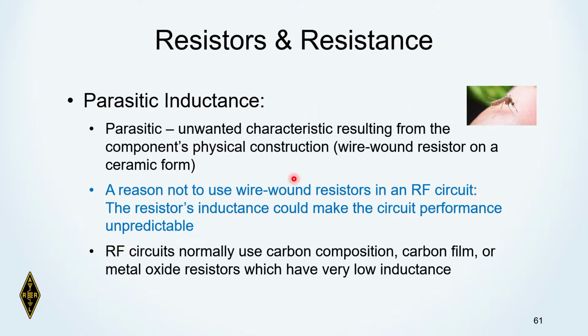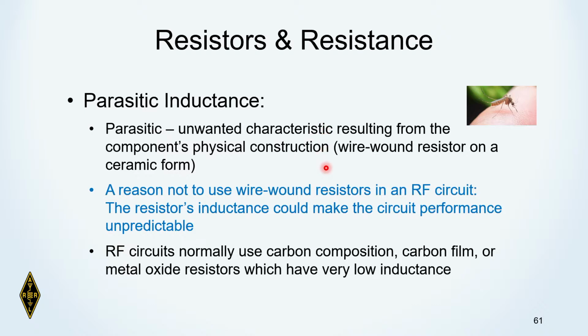So parasitic value is an unwanted characteristic resulting from the component's physical construction. For example, a wire-wound resistor on a ceramic form, because it's wound around the form, is going to act a lot like an inductor. So you'd be getting parasitic inductance with a part that was constructed that way.